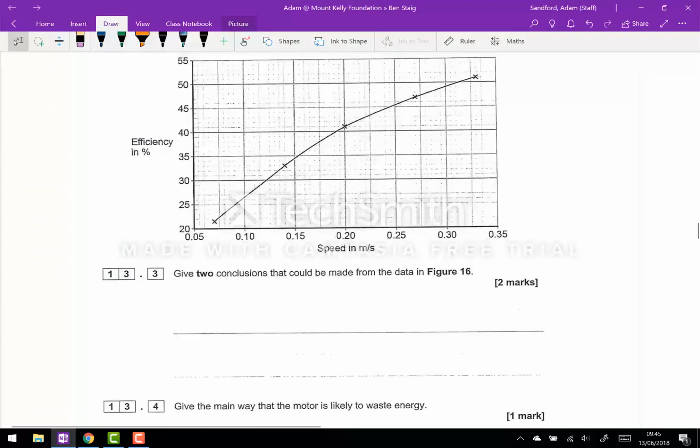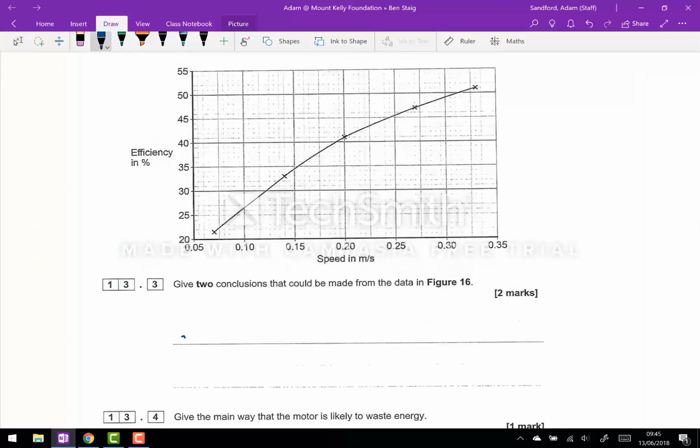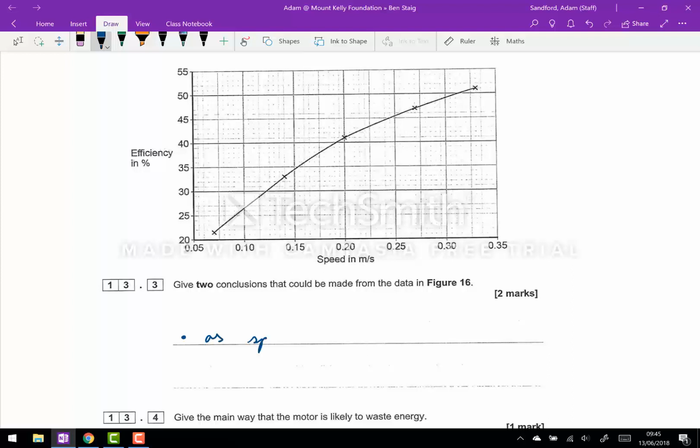So again, interpretation of results. Okay, as speed increases, efficiency increases. Okay, don't start saying you can't make any proportionality because it's not straight.